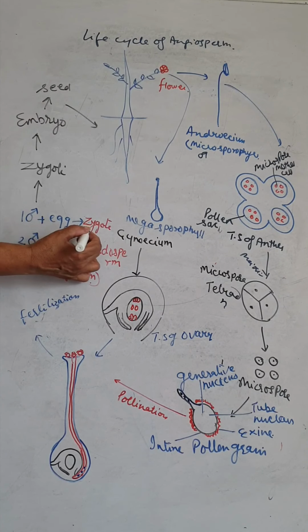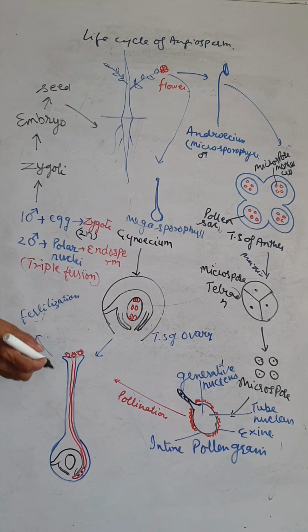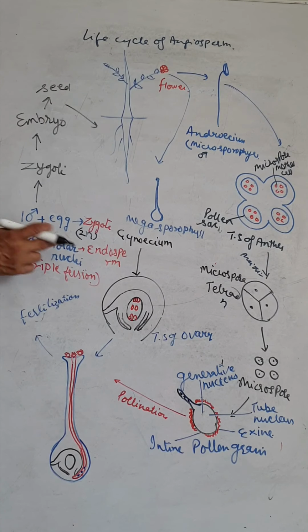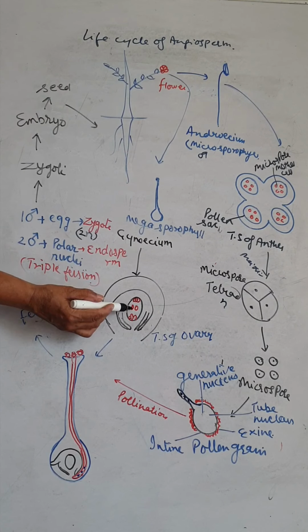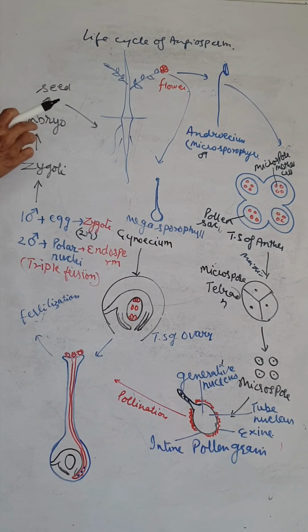This is a diploid, 2n structure. The second male nucleus fuses with the polar nuclei and forms the nutritive tissue, the endosperm. The endosperm provides nourishment to the growing embryo.